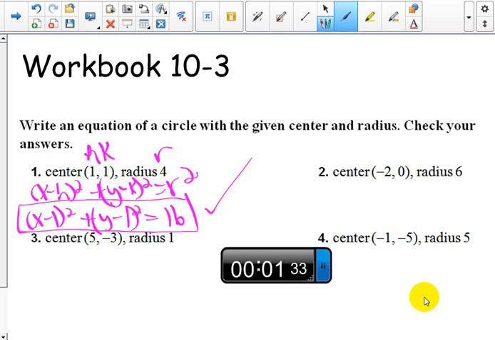We have a minute and a half remaining. And that might have been too much time. And if you are finished, double check your answers.